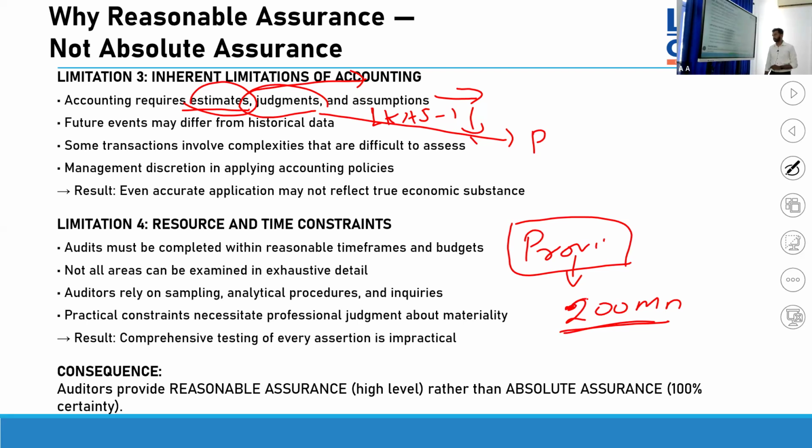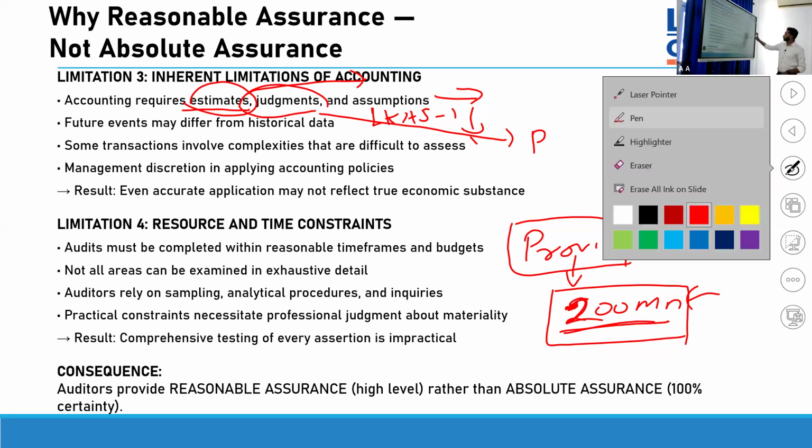But we can't ensure that exactly we won't be able to recover this 200 million because some of the debtors will pay their debt amount, right? Such kind of things will prevent us from providing the absolute assurance, right?